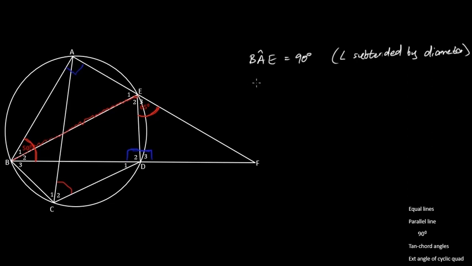We're looking for angle E1. Where is E1? I'm not sure if you notice that angle E1 is in the same triangle as angle A, and that is triangle ABE. In triangle ABE, we have B1 being 50 degrees, angle A being 90 degrees, and therefore angle E1 is 40 degrees.